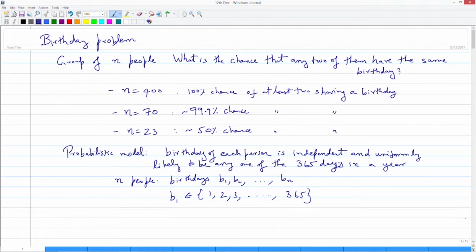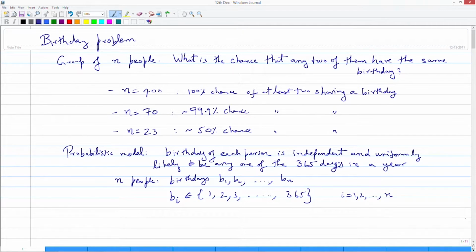We will just take 365 days of the year, and we will say birthdays are equally likely to be anywhere there. So, in fact, you can bring in more complicated models, it only makes your life more difficult. So, this is easy enough. So, this is uniform. So, what does that mean? So, each birthday, so let me put Bi here to indicate this I could be from 1 to n.